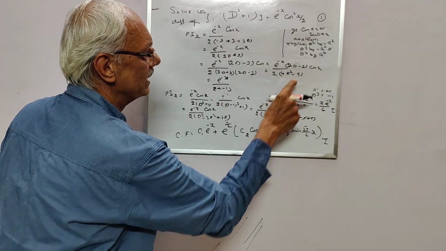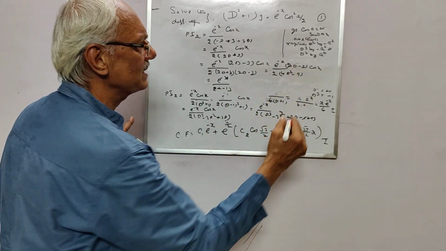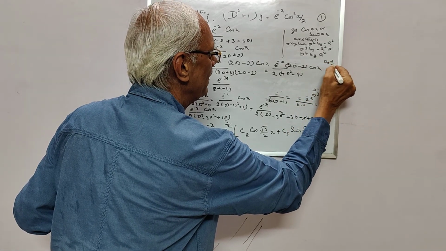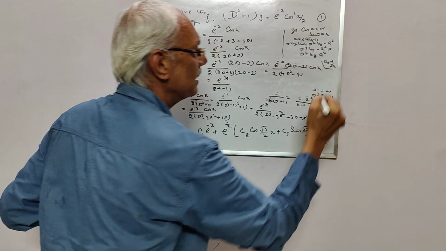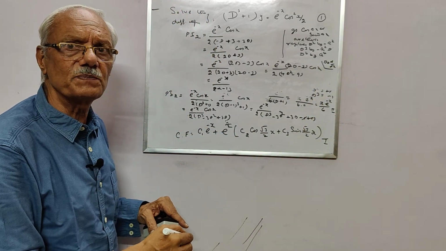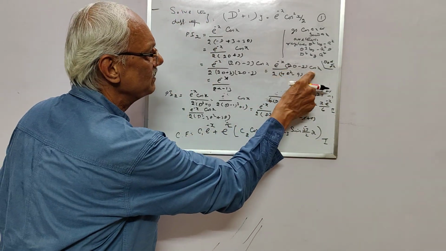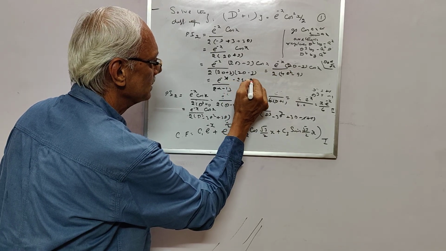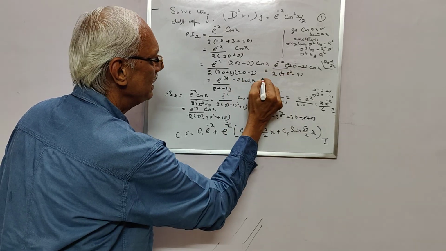Take this 2D inside. D means differentiation. D is d by dx, differentiation with respect to x. So you differentiate this with respect to x, so it is minus 2 sin x minus 3 cos x.